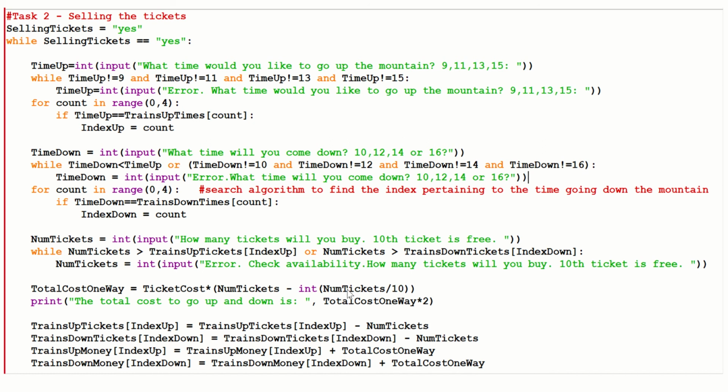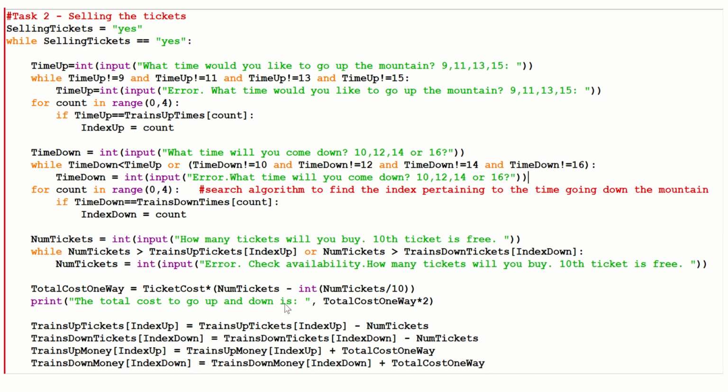For example, if you have 10 tickets, then you'll have one ten. So number of tickets 10 minus 1, integer num over 10. 10 tickets would be 1, so 10 minus 1 equals 9. And ticket cost, which is a constant 25, it's in Task 1, constant 25 multiplied by 9, because the 10th is free. That would equal total cost one way.